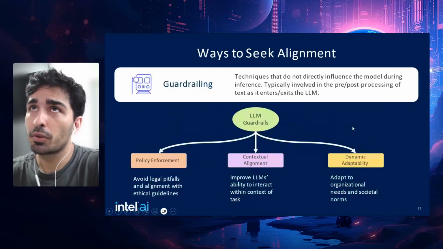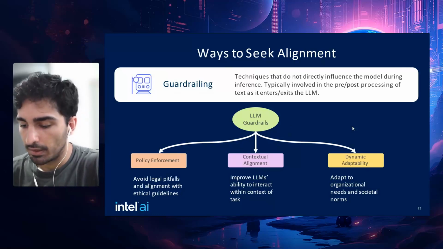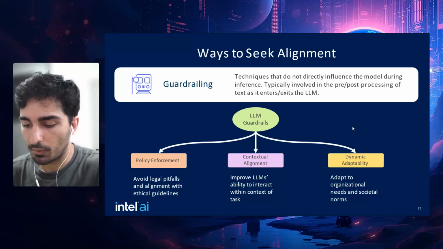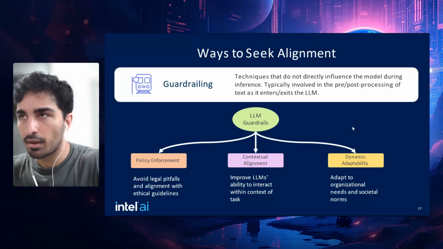The last one we're going to see is guard railing. This one is pretty much checking the first and last step.